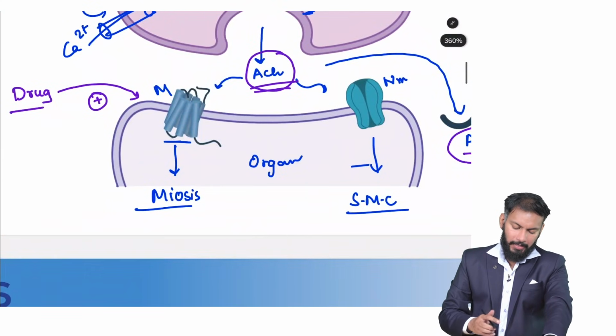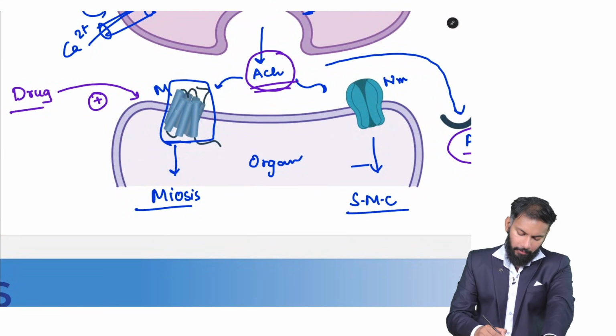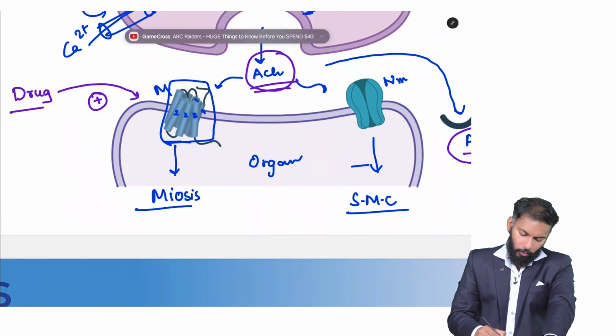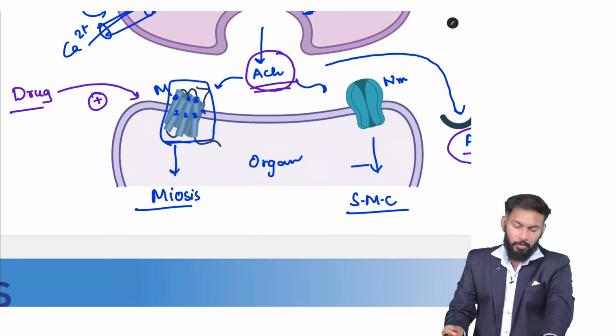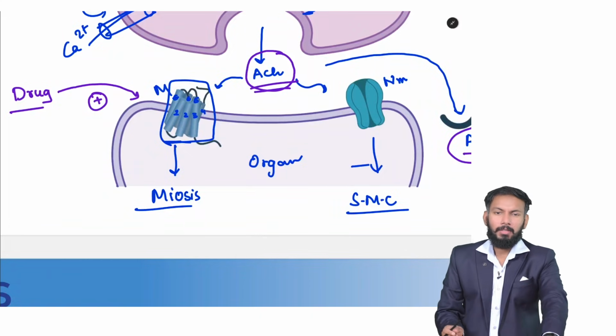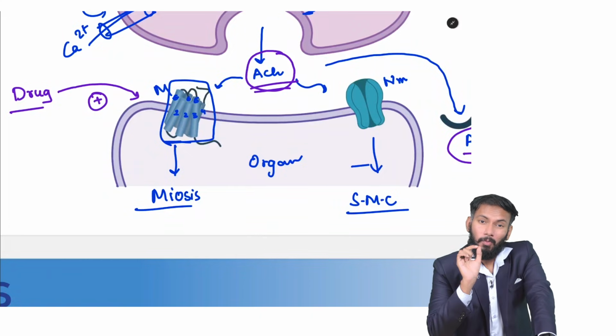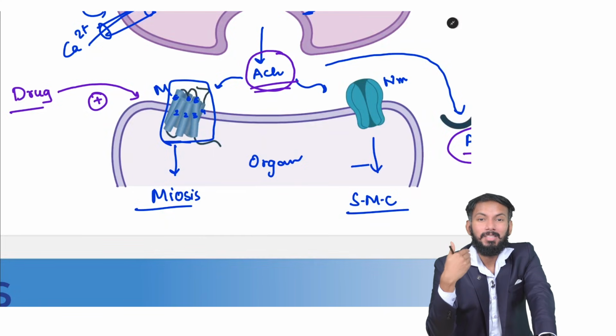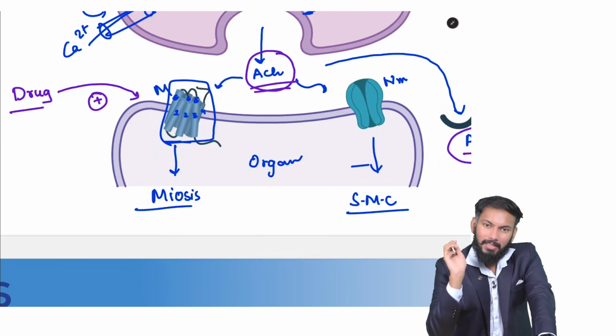You can see here, muscarinic receptor, how does it look? We have 1, 2, 3, 4, 5, 6, 7. So it is a heptahelical transmembrane receptor. This has been asked in the exam before. What is a heptahelical transmembrane receptor? It looks like a snake, so it is also known as serpentine. This is GPCR.